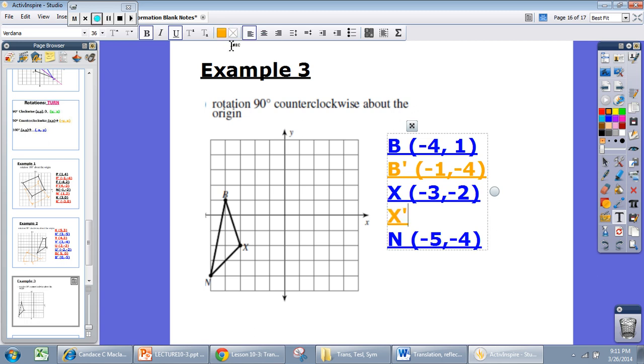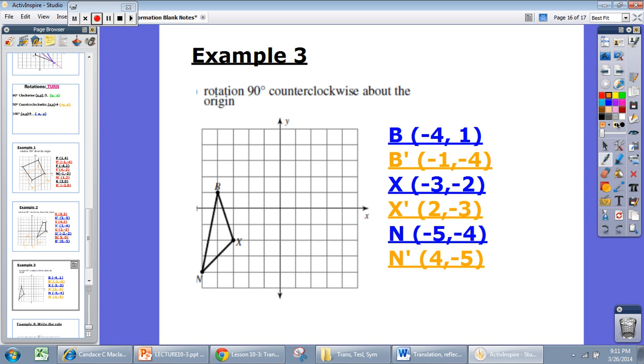X prime: we're switching them and making y negative. Now y is negative 2, already negative, so I'm going to make it positive. So 2, but the negative 3 is going to stay negative 3. And then n prime. Again, y is negative 4, already negative, so I'm going to have 4, negative 5.